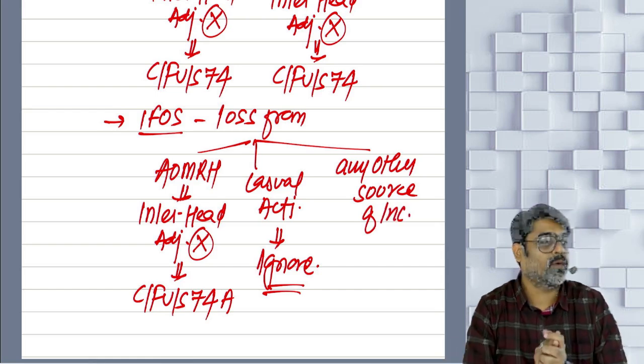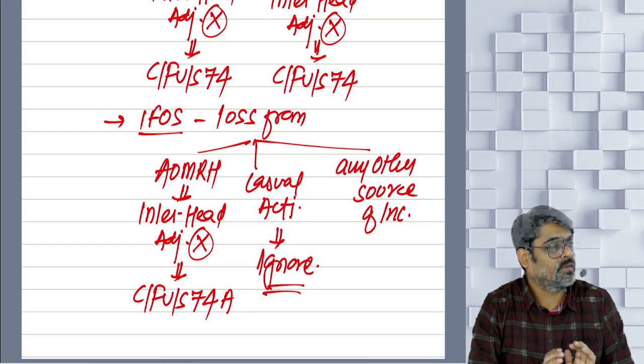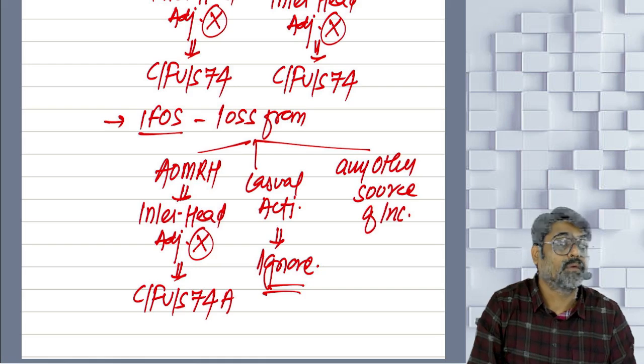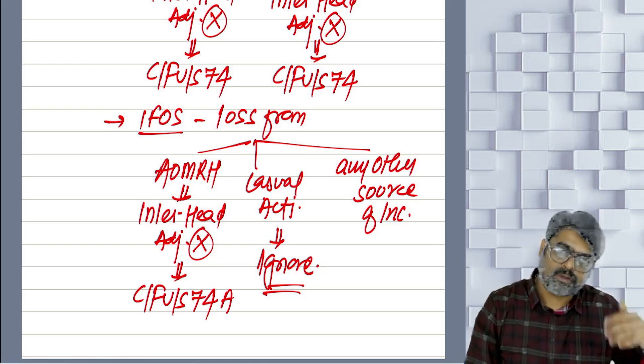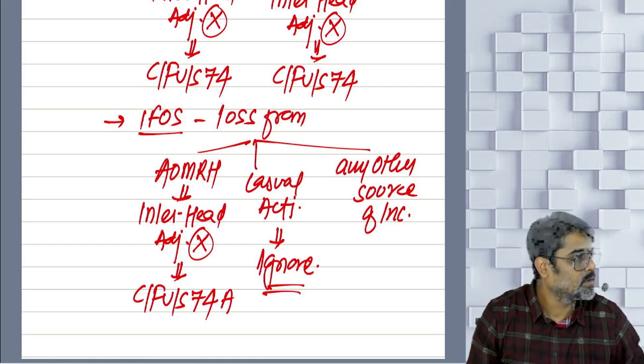Now tell me, loss from any other source of income. First of all, what are you going to do? Set off this loss within the head IFOS. Can you set off against all the sources under the head IFOS? Yes, except winnings.